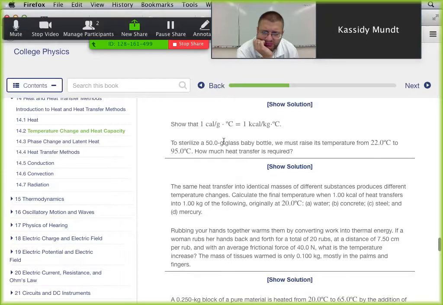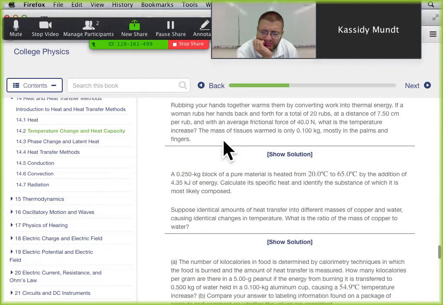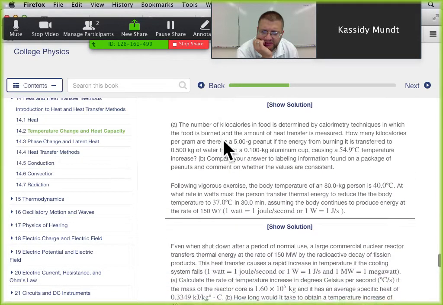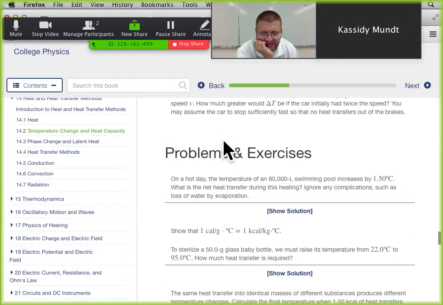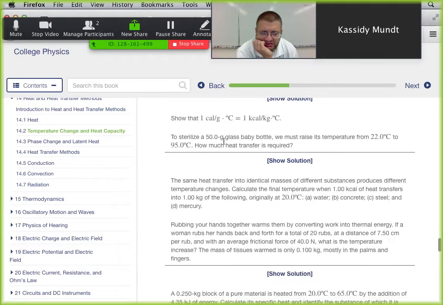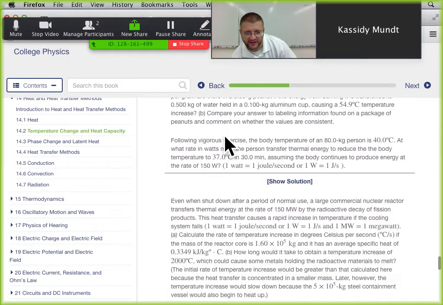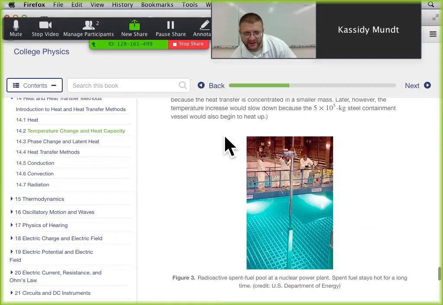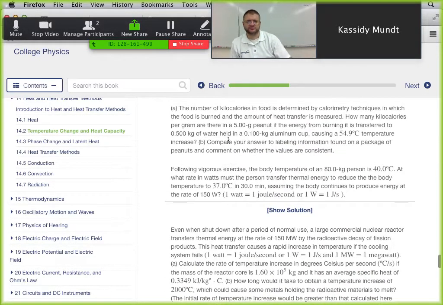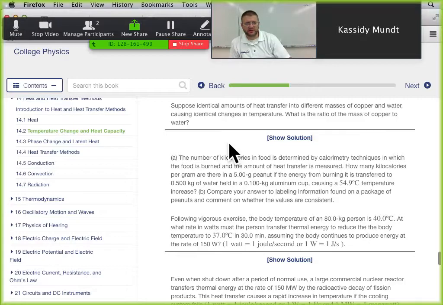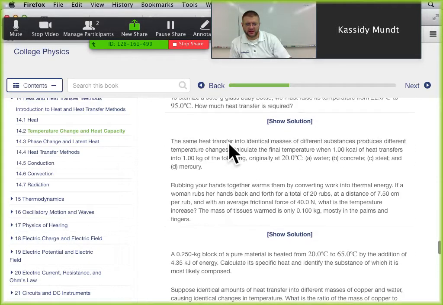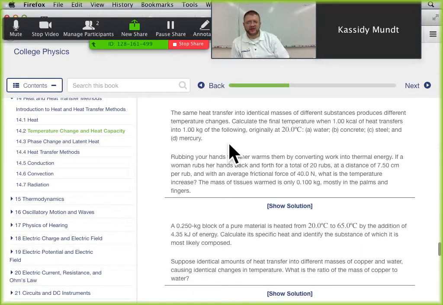You wanted us to calculate the specific heat of a pure material. Which one was that? It's in kind of that fourth section with the bars. Should be towards the top. Yeah, I see. The 0.250 kilogram block of pure material.